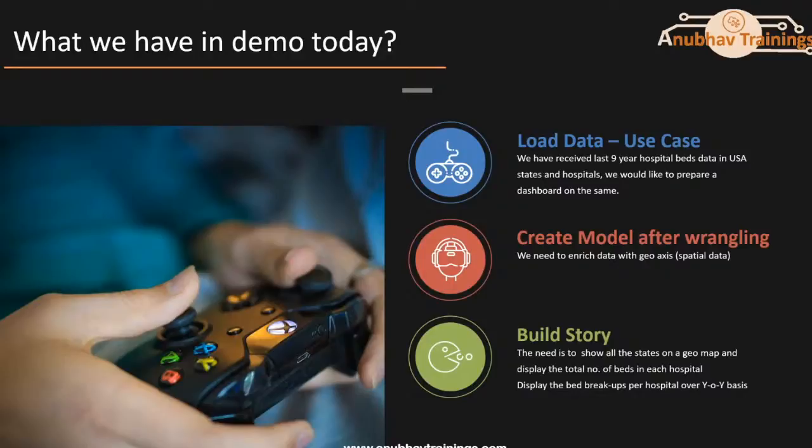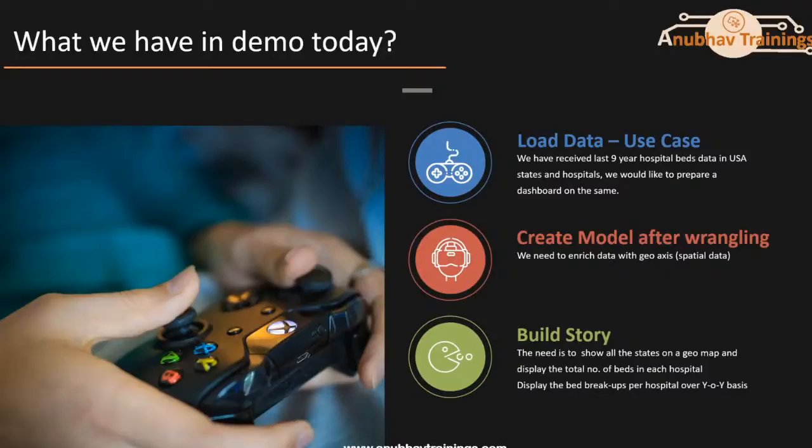So what I want is a dashboard to be prepared, which shows how the hospital beds in the United States and their county hospitals have increased over the last 9 years. I would also want to know which state has how many counties and which county has how many total beds available per inhabitants, right?